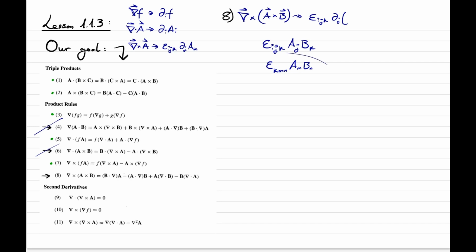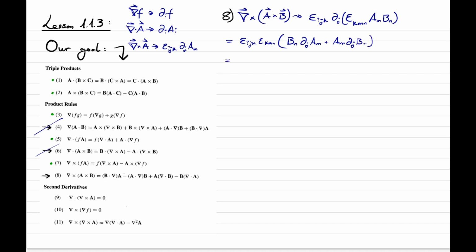So this is the kth component of this vector. Okay, we remember that the Levi-Civita symbol is constant, so we can pull it out of the derivative, and we have epsilon ijk, epsilon kmn, and now we are going to do the Leibniz rule, which is basically bn del j am plus am del j bn.